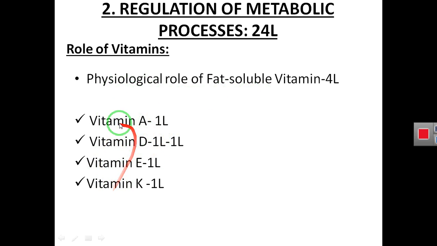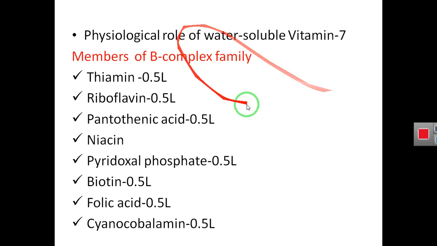So we will be studying the physiological role of vitamins A, D, E, and K. All these are fat soluble vitamins, and we will complete each vitamin in one lecture. So that is how this whole topic would be completed in 4 lectures.